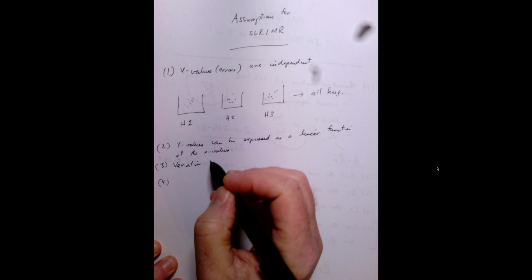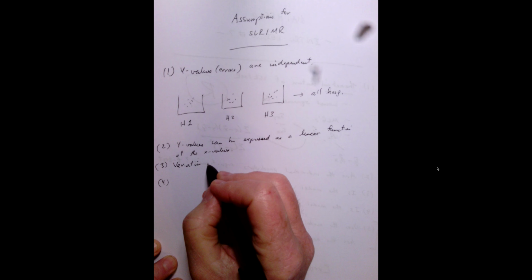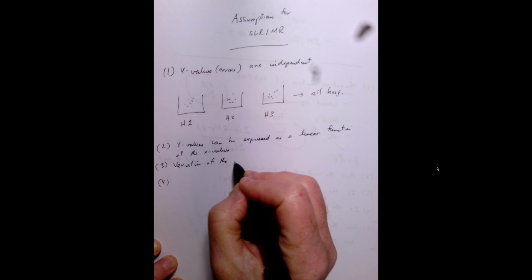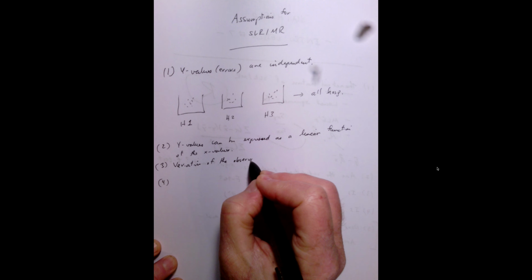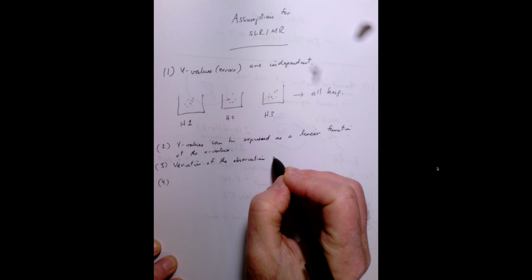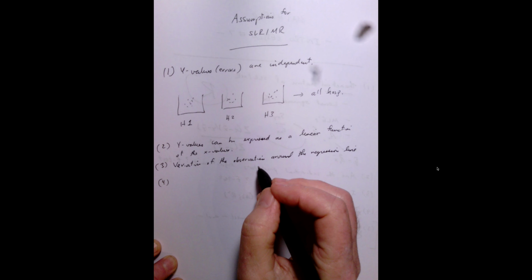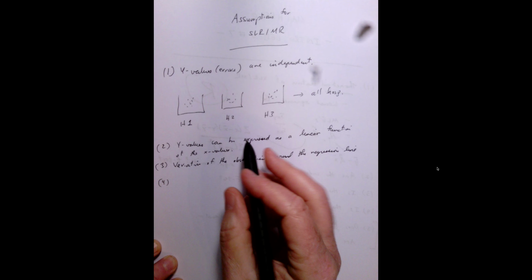The next thing that we need to look at is that the variation of the observations around the regression model is constant.